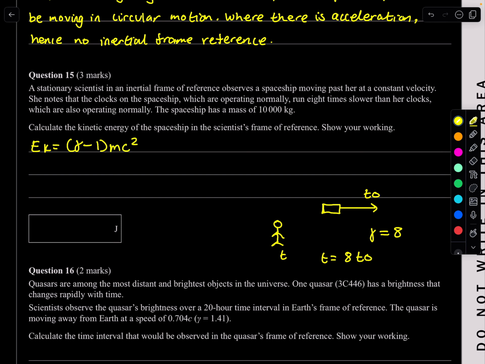So our gamma is 8, so it's going to be 7, times the mass of the spaceship, which is 10,000, times c squared, which is 3.0 times 10 to the power of 8, squared. Let me double check I've written it right. Looks good. So that's 6.3 times 10 to the power of 21 joules.